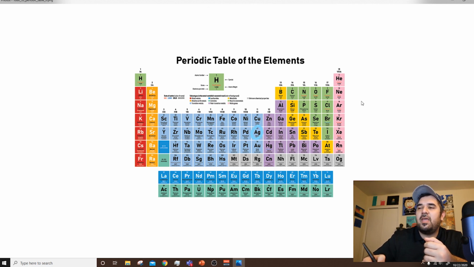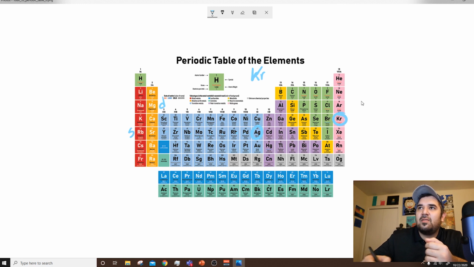So let's say you're looking for silver, which is 47. The shorthand configuration for silver is going to be krypton, Kr, capital K. Then you're going to include the S block, which is right here, and then the D block all the way to here. That's 1, 2, 3, 4, 5, 6, 7, 8, 9.